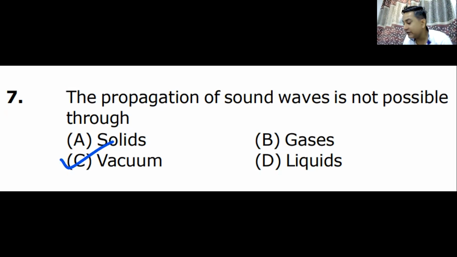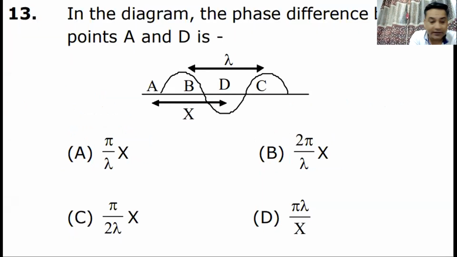They are mechanical waves. They need particle mediums. If there are no particle mediums, the wave cannot be formed, and therefore the answer is vacuum. You cannot create a sound wave in vacuum. That means when you go to the moon, if you become an astronaut, you have to speak through comms. Your voice will not travel. Do we understand this? Yes or no?